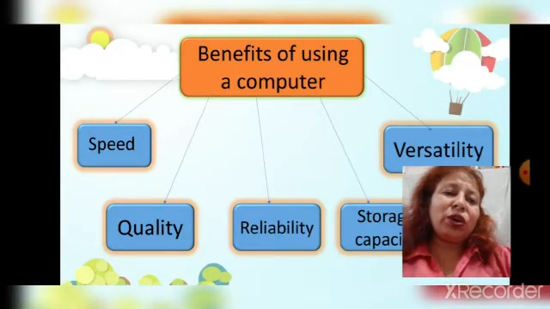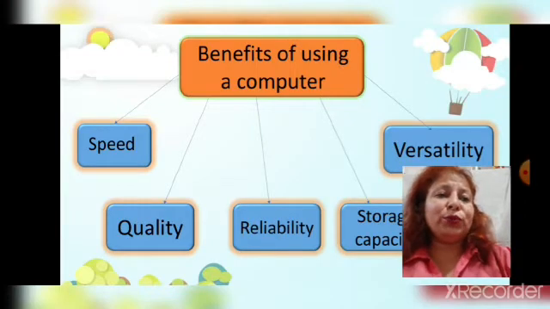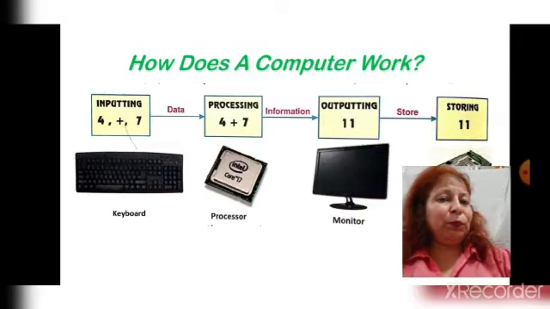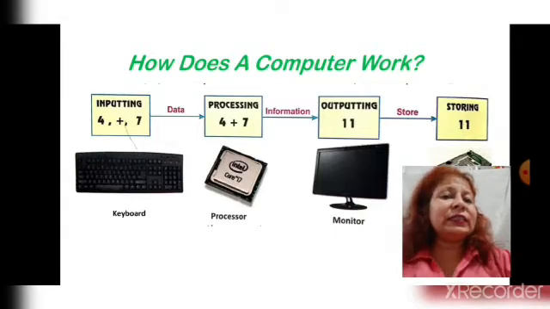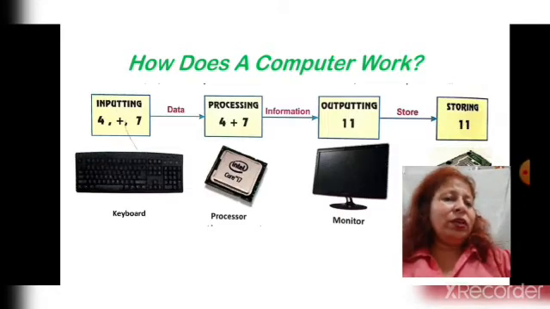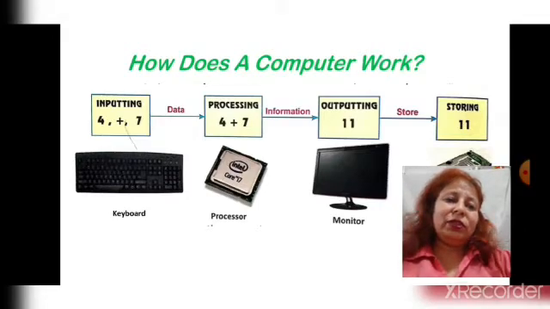Now we talk about how a computer works. We just give some input, that means we give the data to the system and it processes that data according to the instructions given to it and gives us the information, that is the output. Then we store our information in the hard disk.